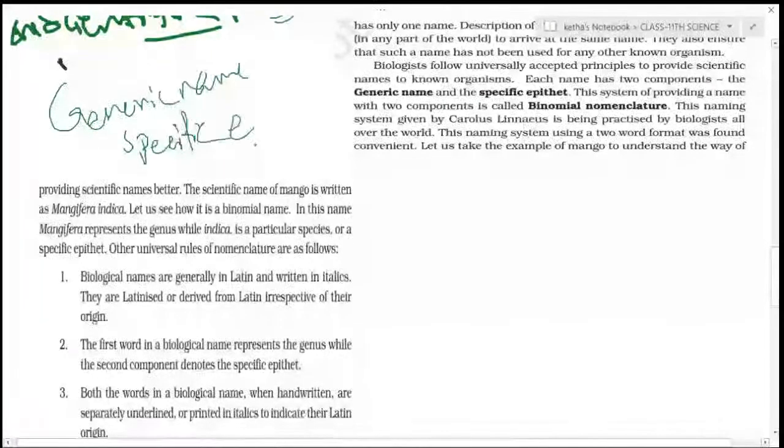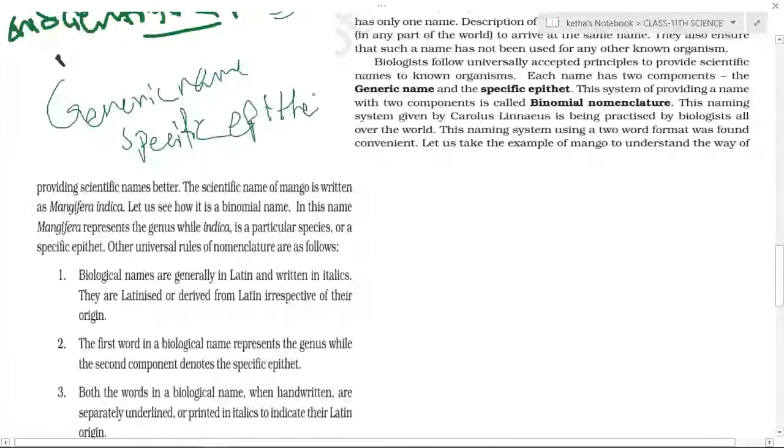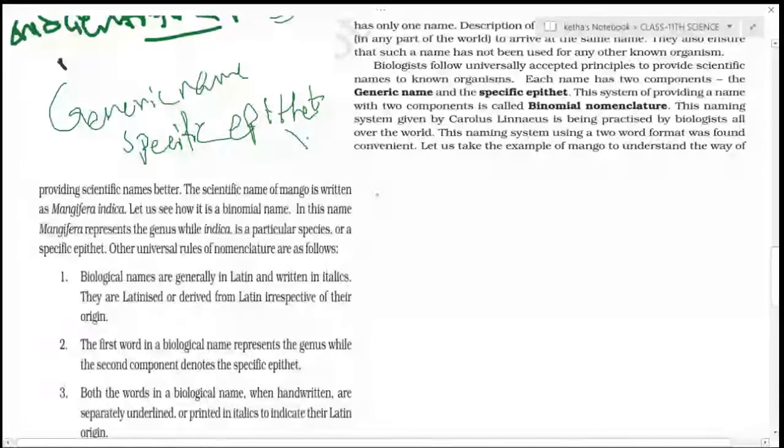So under these two components they have named the organisms. This system of providing a name with two components is called binomial nomenclature.